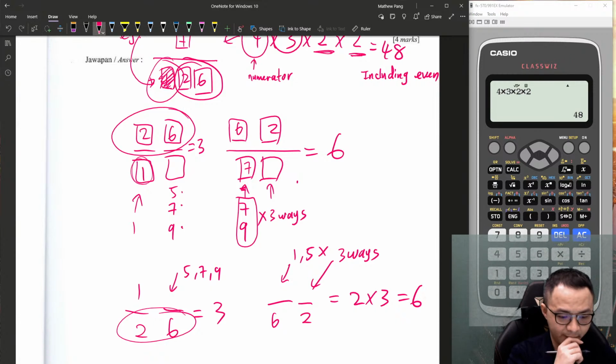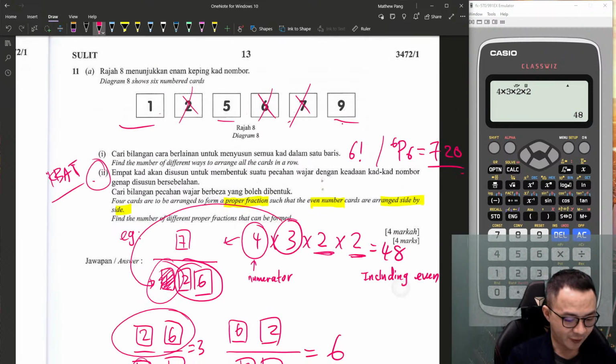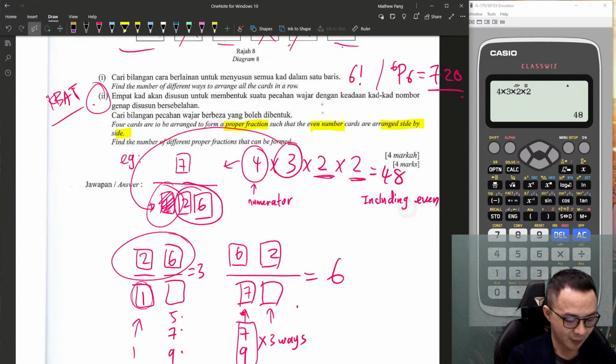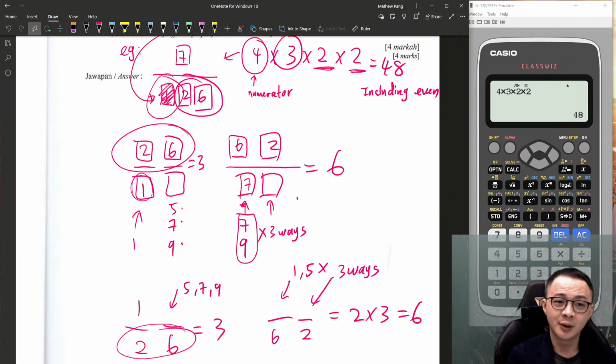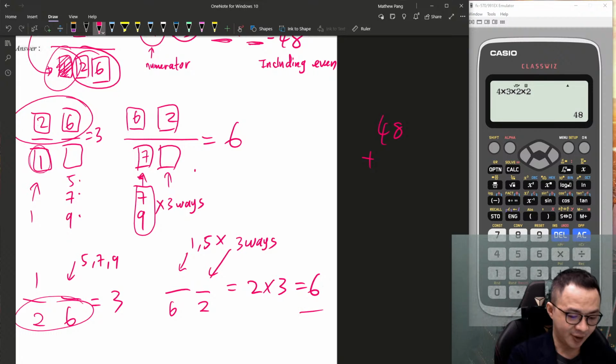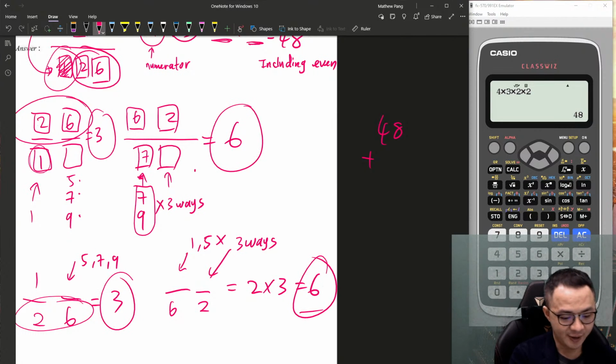This is 12. 6. 4 got 2, 2. Let's add together. 48 plus this one is 6, 6, 3, 3. This is 18 plus 18, 64.